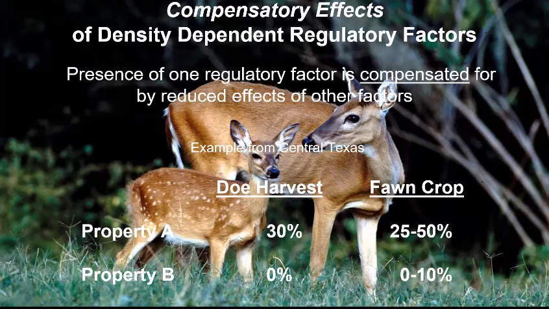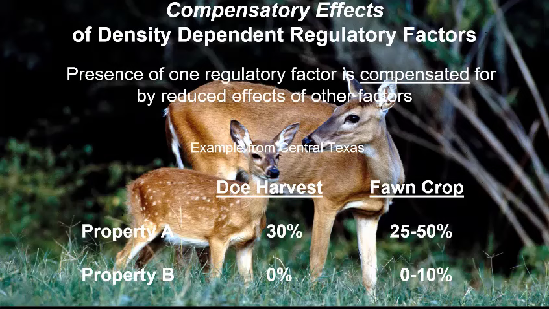And their fawn crop ranged from 25 to 50%. That's relatively low by southeastern standards, but that's not a bad fawn crop for Texas. Fawn crop in this case represents the number of fawns per doe, and it's not just adult does, it could include yearling does. So 25 to 50% fawn crop.